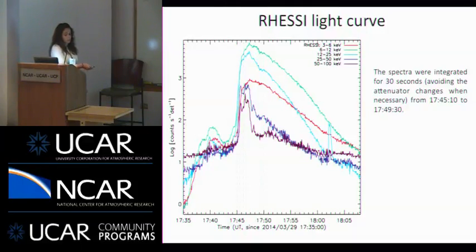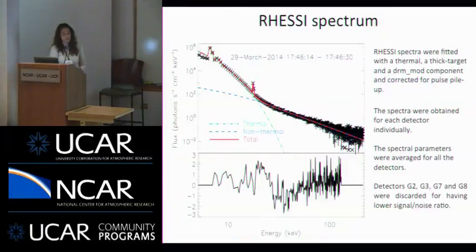Here we have an example, between 17:46:14 and 17:46:30, where we fit the spectra to a thermal component plus a thick target component, and from the non-thermal component, we estimated the power law index, the cutoff energy, and the power of the non-thermal electrons.